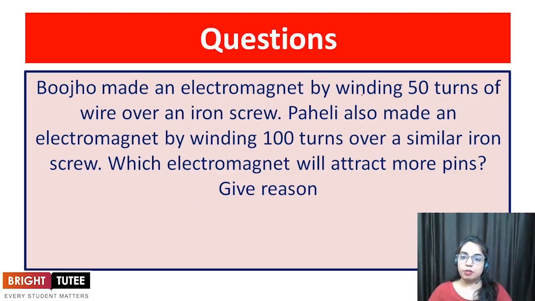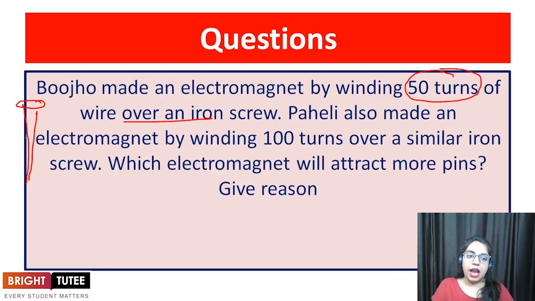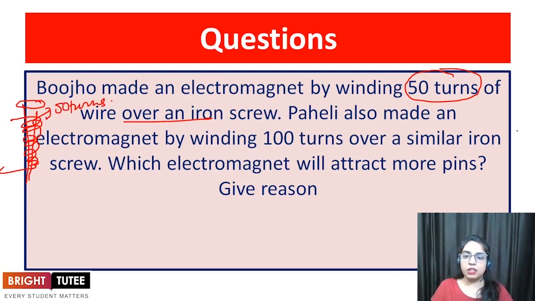Bujo made an electromagnet by winding 50 turns of wire over an iron screw. So what Bujo did is, he took an iron nail and he wound this wire around it, and he made 50 turns of it. Then Paheli also made a similar electromagnet by winding 100 turns over a similar iron screw.